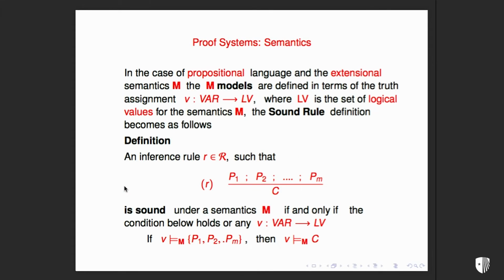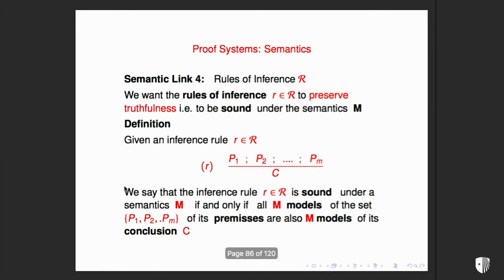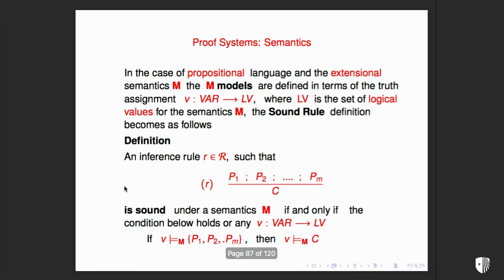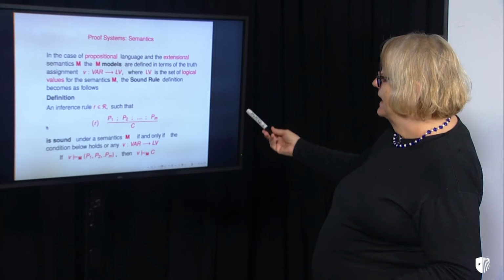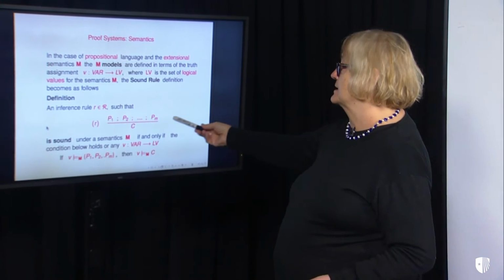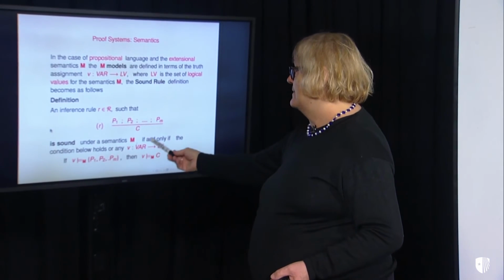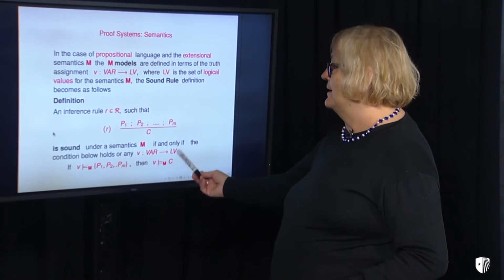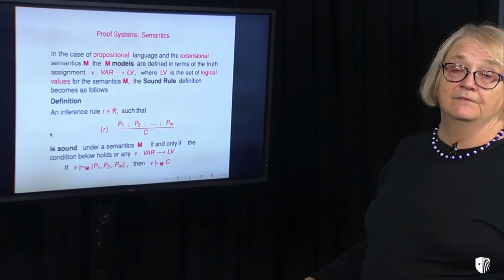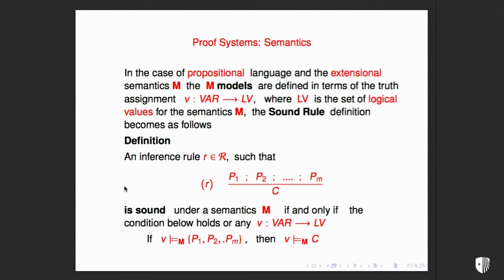This is a general definition, whatever the model is. In the propositional language with extensional semantics, models are defined in terms of truth assignment, and the rule is sound under semantics M if and only if for any truth assignment V, if V is a model of all premises, then it is a model of the conclusion.